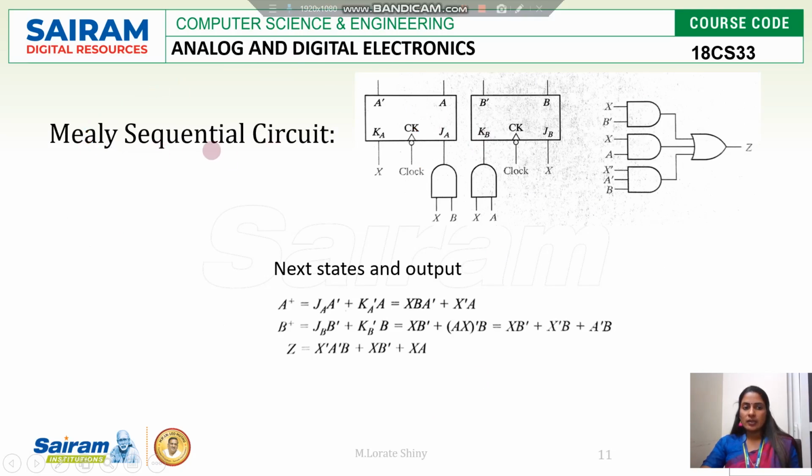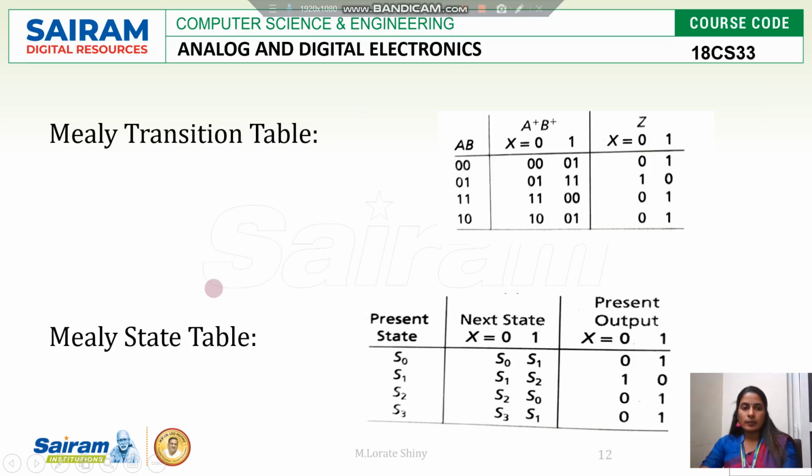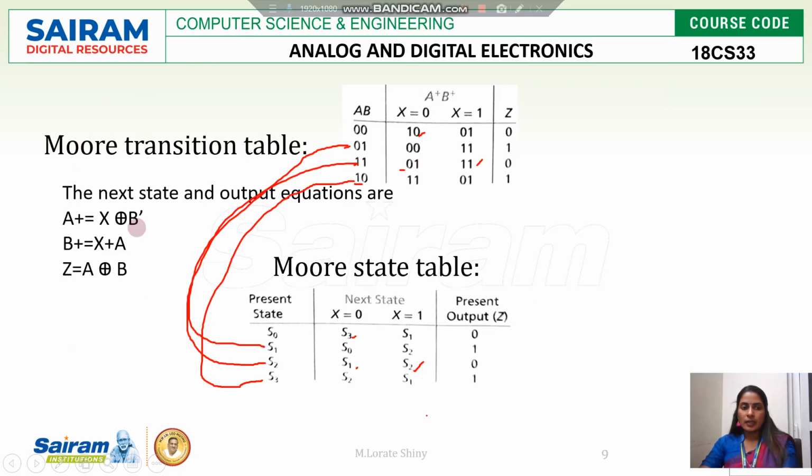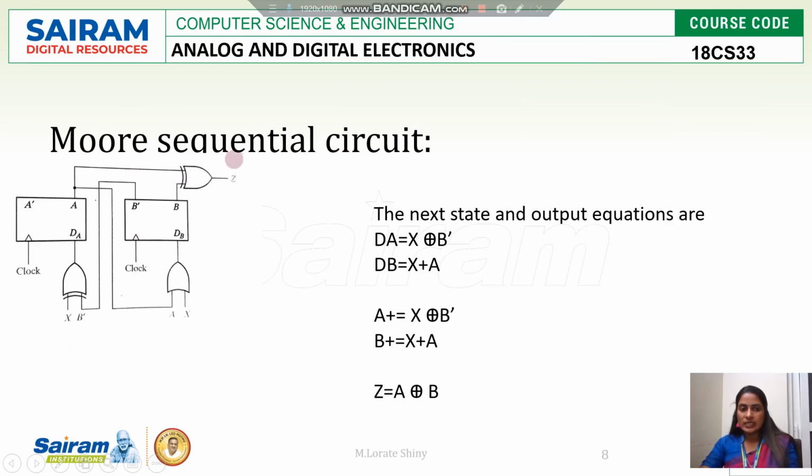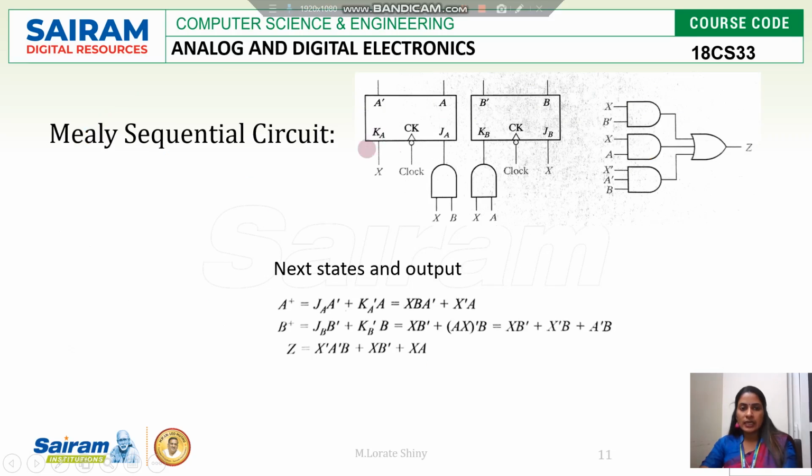Then the Mealy sequential circuit. This is a sequential circuit. You can see in the previous Moore circuit, the output depends only on A and B, so it is called a Moore sequential circuit. In the Mealy circuit, this is Z, and A and B are the states.